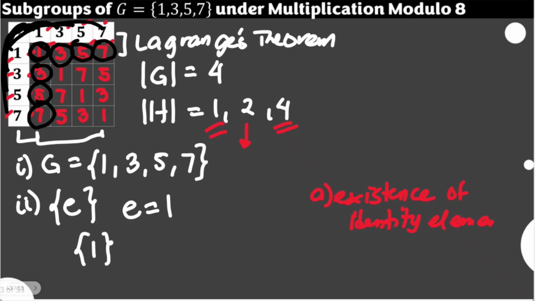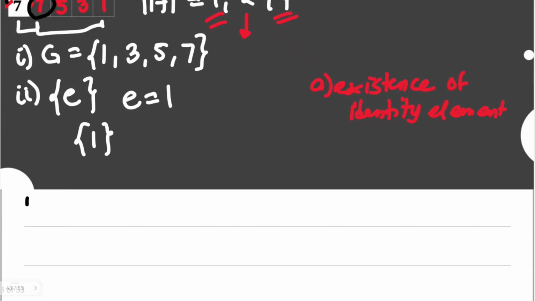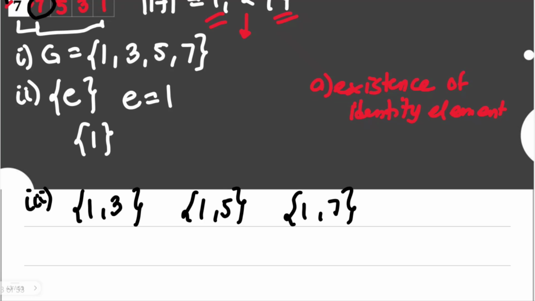Since we are talking about a subgroup of order 2, one of those elements should be 1, our identity element. So our possible subgroups here are 1 and 3, 1 and 5, and 1 and 7. No need to write 1 and 1 because it's a duplication, so we will not introduce that as one of the possible subgroups of order 2.